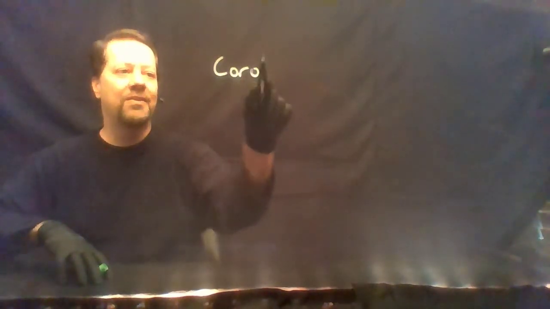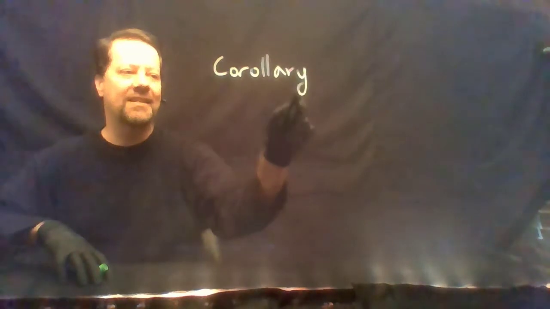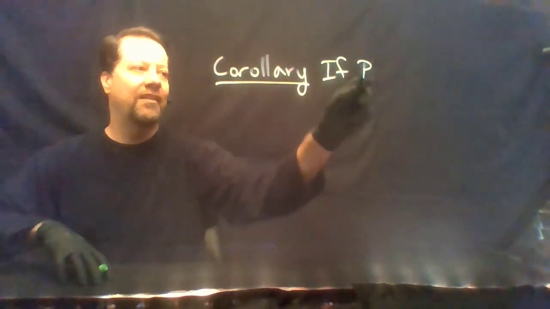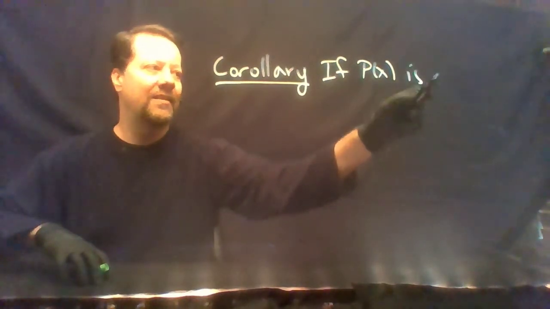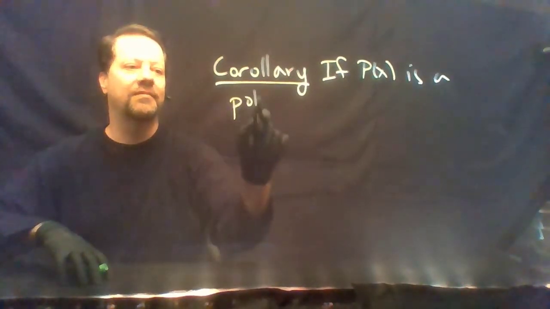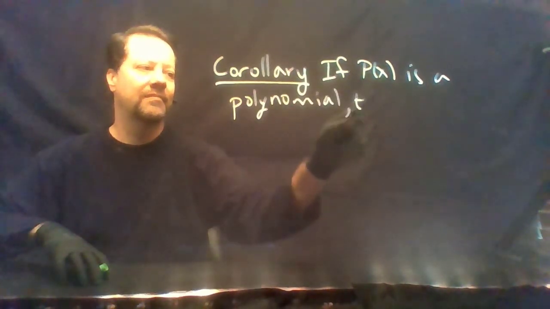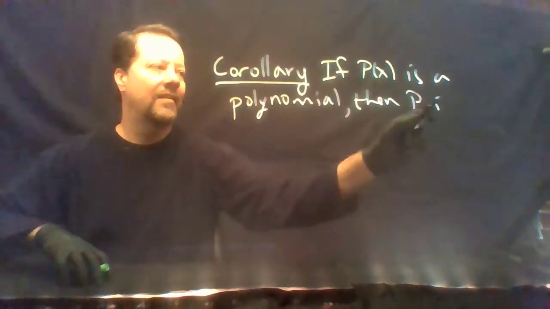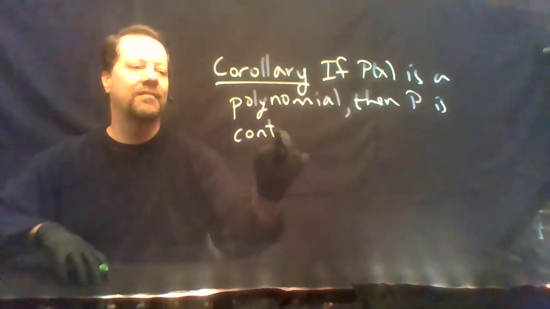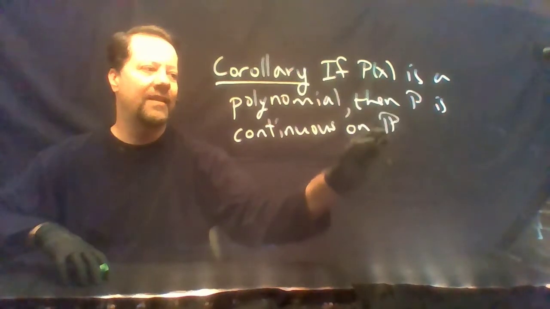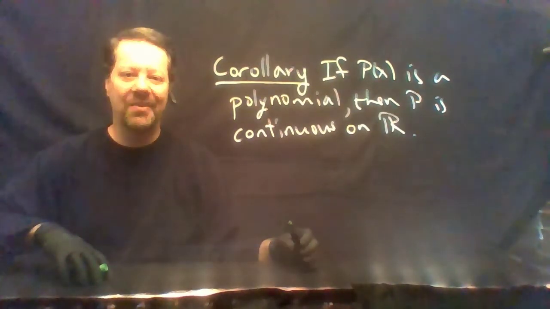It follows immediately from this last theorem that if p of x is a polynomial, then p is continuous on the entire real line, continuous everywhere.